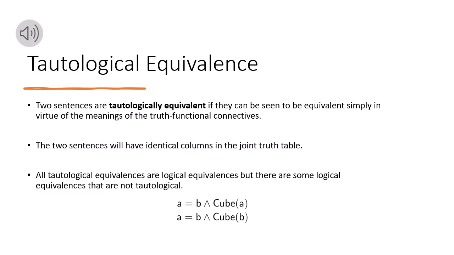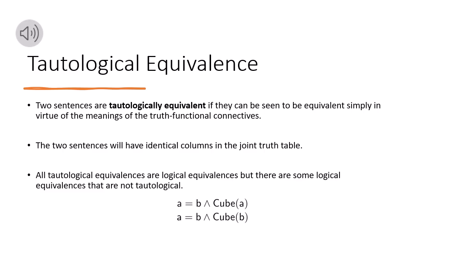And we'll say that two sentences are tautologically equivalent if they can be seen to be equivalent simply by virtue of the meanings of their truth functional connectives. Now, in terms of truth tables, it's a pretty straightforward process to determine if two sentences are tautologically equivalent. What you do is you construct a joint truth table.